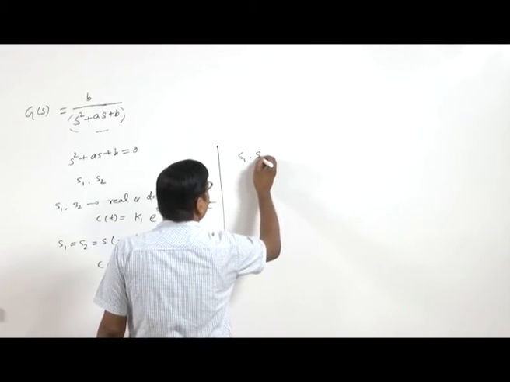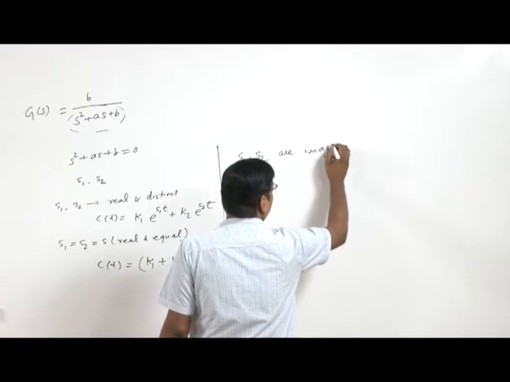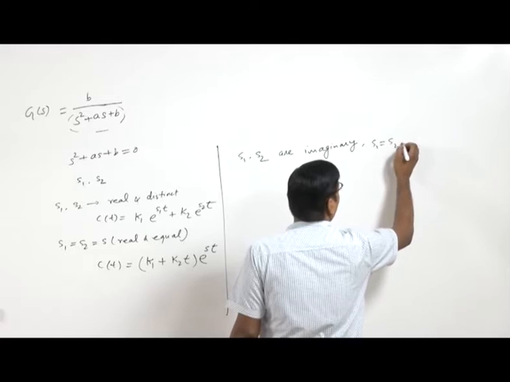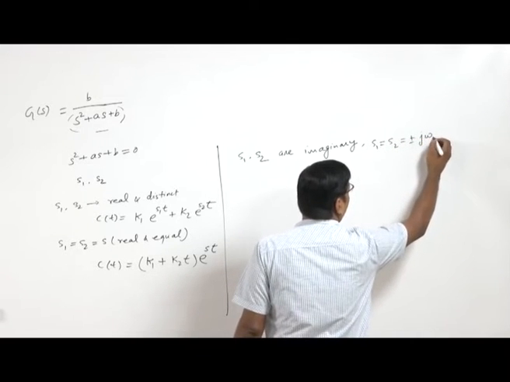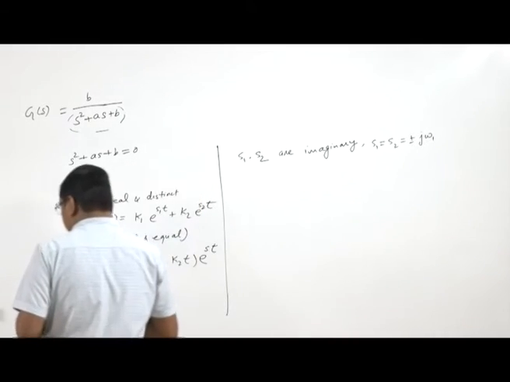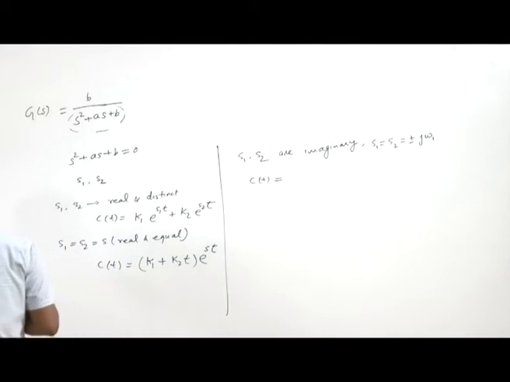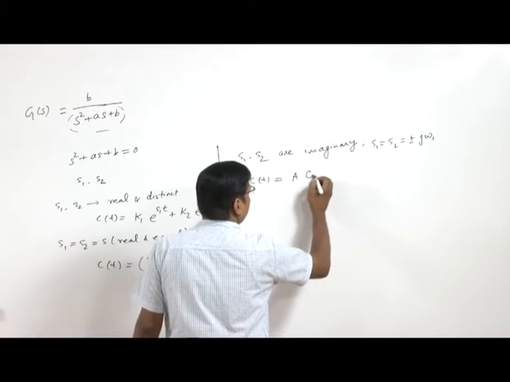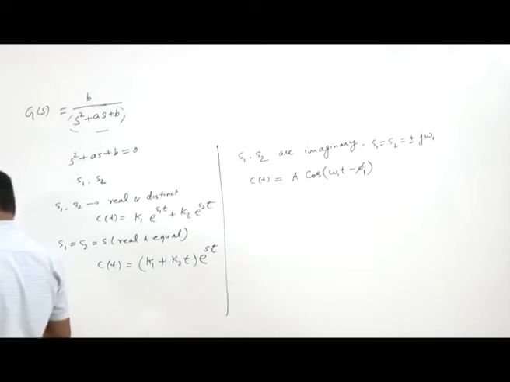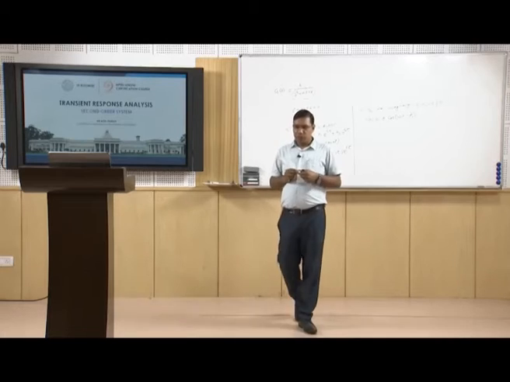Similarly, if s1, s2 are imaginary, for example s1, s2 equal to plus minus j omega 1, in this case we will have a response c(t) equal to a cos(omega 1 t minus phi 1). So it is a harmonic response.